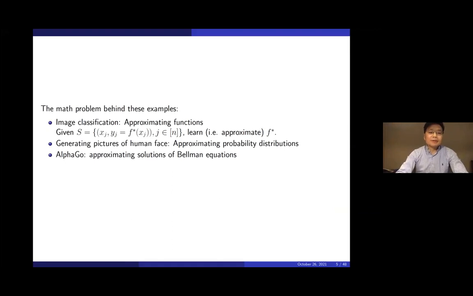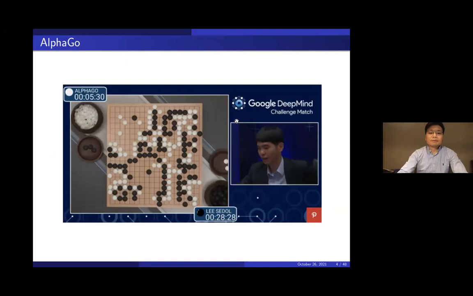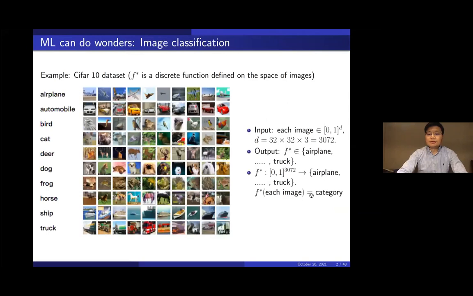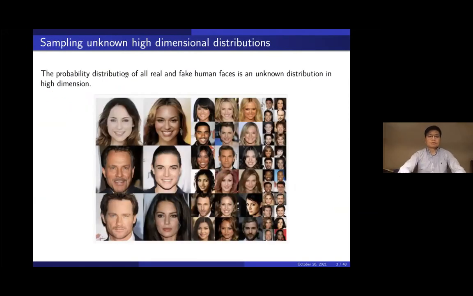Now, what's important is that all these three examples are really solving mathematical problems. Going back to image classification, the function we approximate takes each image as input, and given a finite piece of data of this function, we're supposed to approximate this function. The second example is approximating a probability distribution.